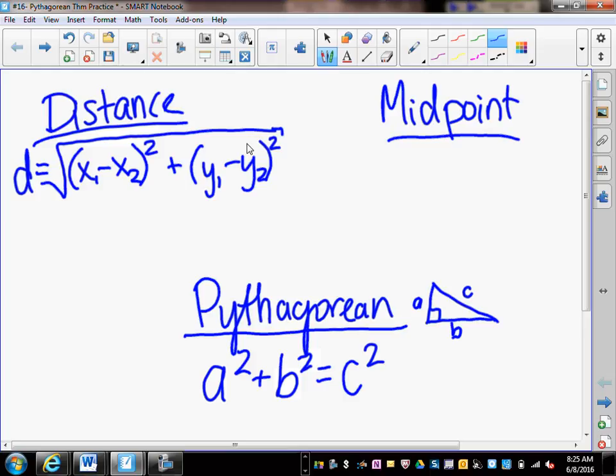All right, then midpoint is our last one. And remember, a midpoint is just an ordered pair. You know this one too, Gabby? Yeah. Okay. So x plus, good, over 2.